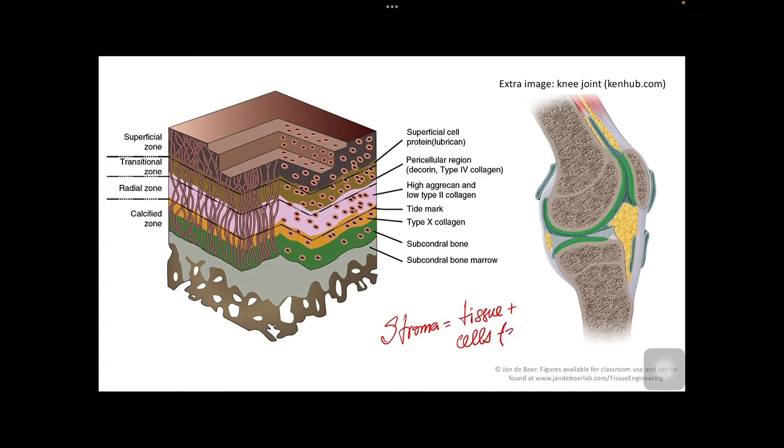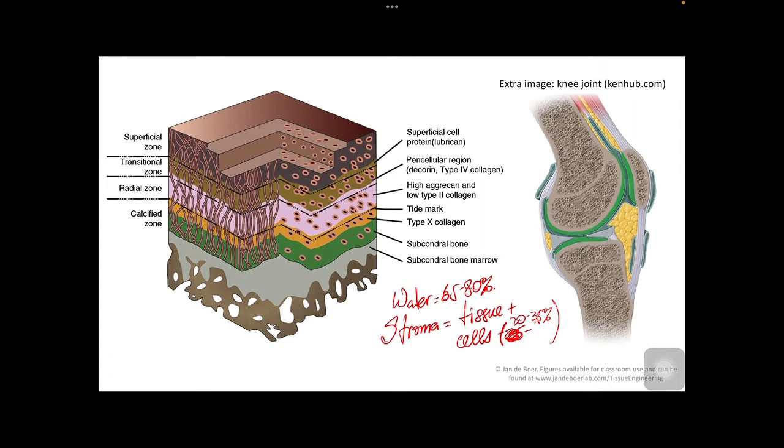In cartilage, the stroma is about 20 to 35% of the content, and water is 65 to 80%. So as you can see, cartilage could be like a sponge that attracts a lot of water, and we will explain why cartilage holds a lot of water and forms a sponge.